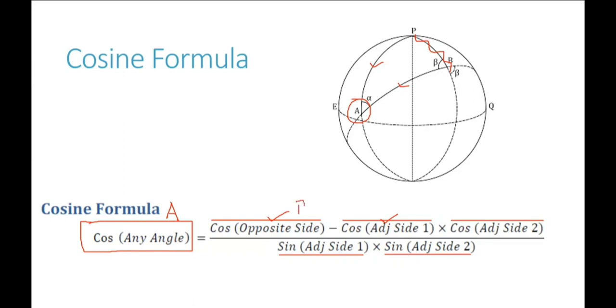So for opposite side, we will have PB, minus cos of adjacent side 1, that is PA, into cos of adjacent side 2, that is AB or BA, divided by sine of adjacent side 1, that's PA again, and sine of adjacent side 2, that is AB again. So this is how the formula is applied.